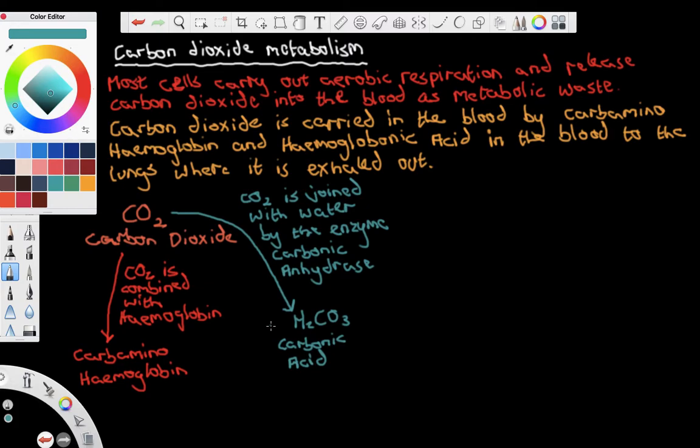Now this carbonic acid dissociates in the blood. Okay, and what we mean by that is that it breaks down in the blood to form hydrogen ions and bicarbonate ions, which will be HCO3-.